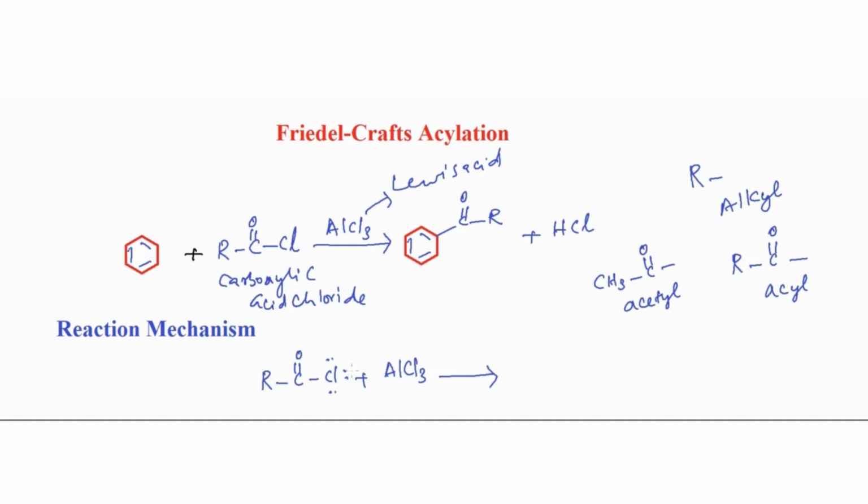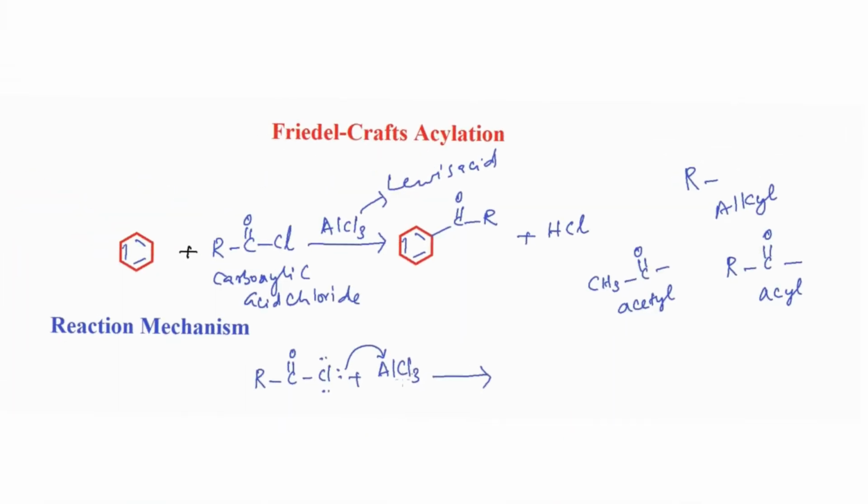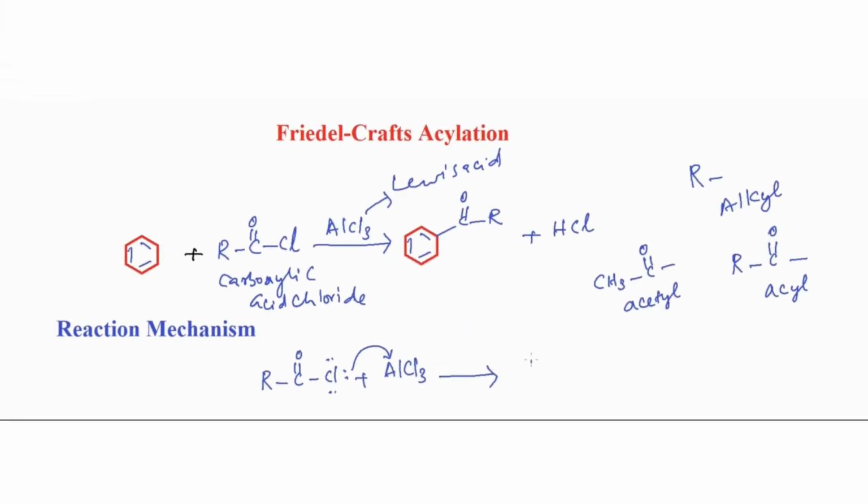As we know, the first step should be the formation of the electrophile, similar to what we discussed in the Friedel-Crafts alkylation. You see, the halogen will attack the Lewis acid, it accepts an electron pair, so it forms like this, and this group will get cleaved.